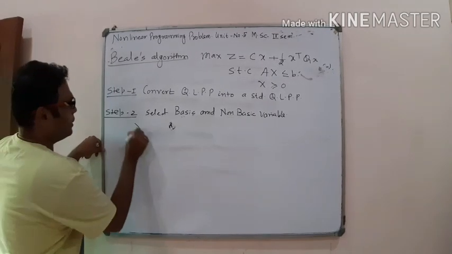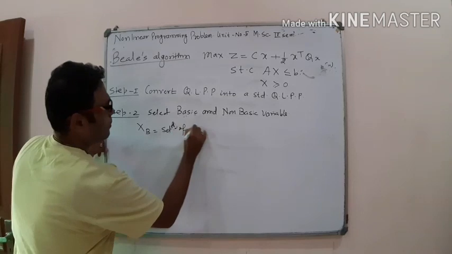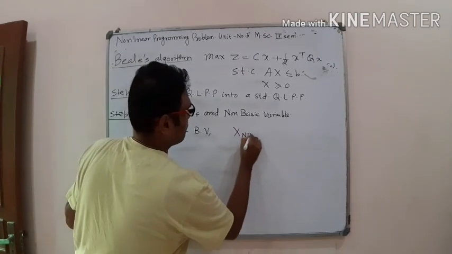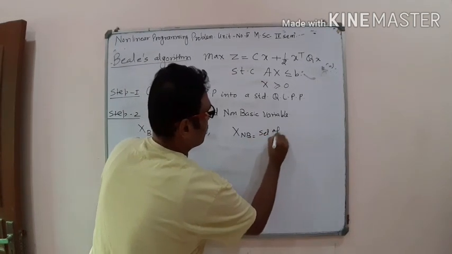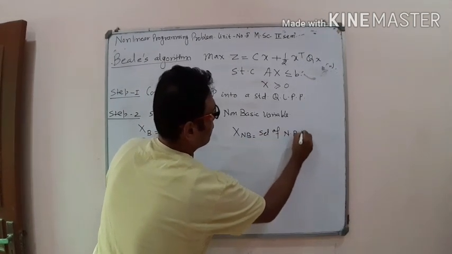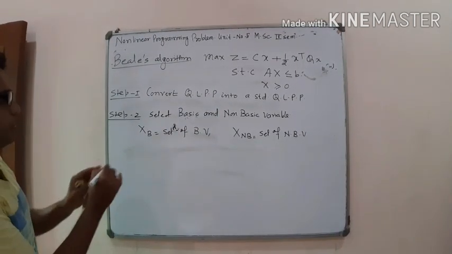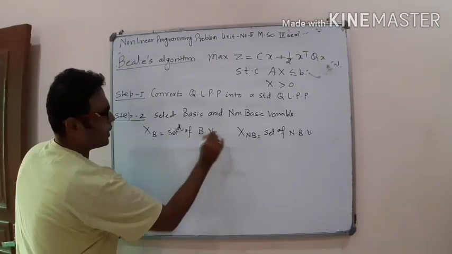Here we denote xB as the set of basic variables, and xNB as the set of non-basic variables. So we select the basic and non-basic variables, and they are denoted by xB and xNB.